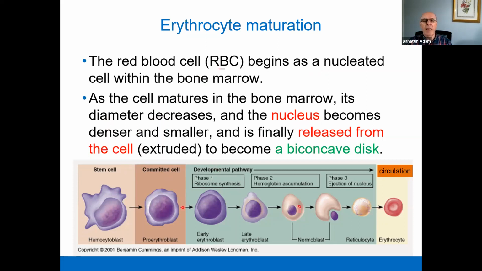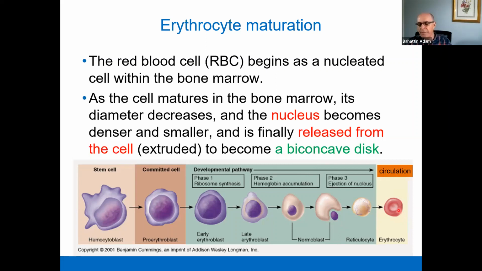The nucleus becomes denser and smaller, and finally is released from the cell, which is also known to become a biconcave disc.